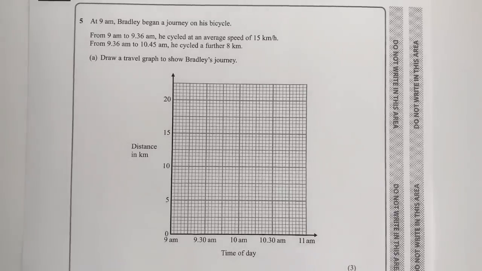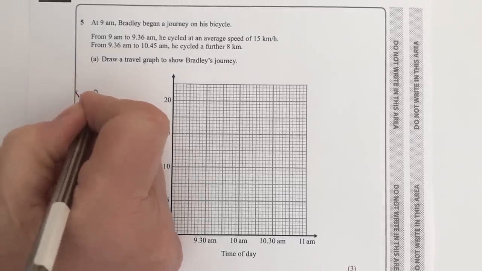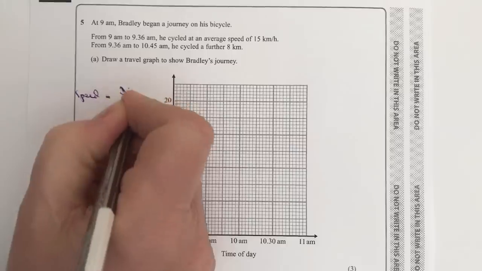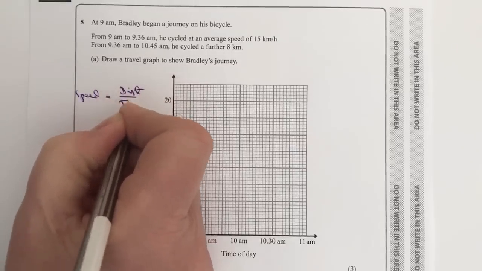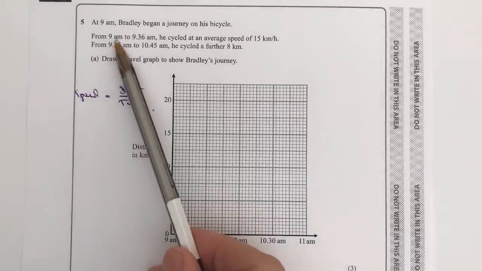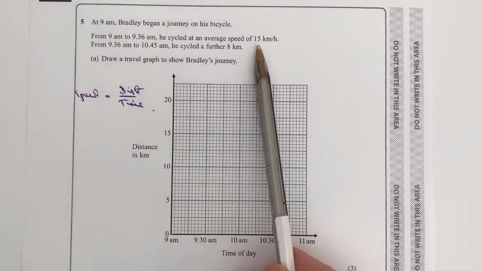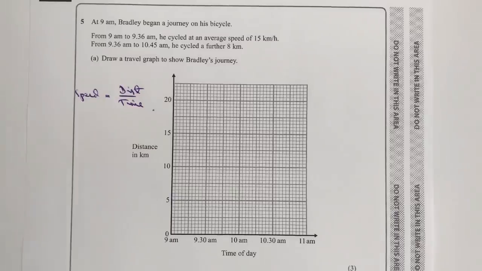Okay, well, in order to work out speed, the formula that you need to remember is speed equals distance over time. Okay, now effectively they've given us the time. Admittedly, they've given it in minutes, but we need to change that. And they've also given us the speed. So we actually need to work out from that the distance.